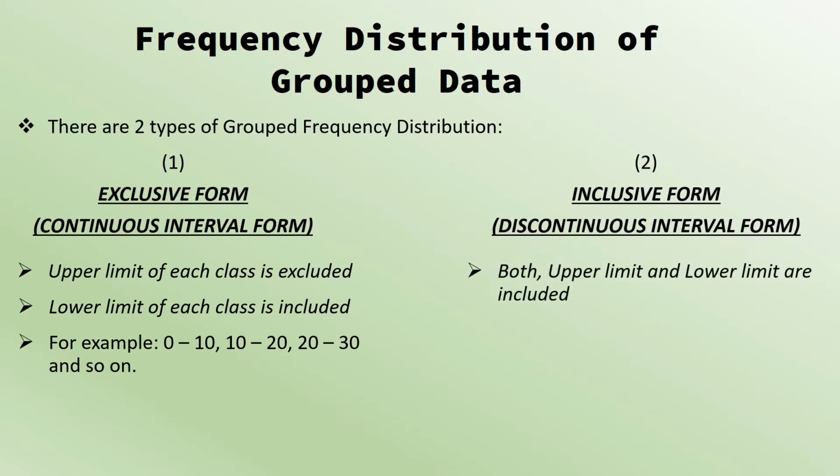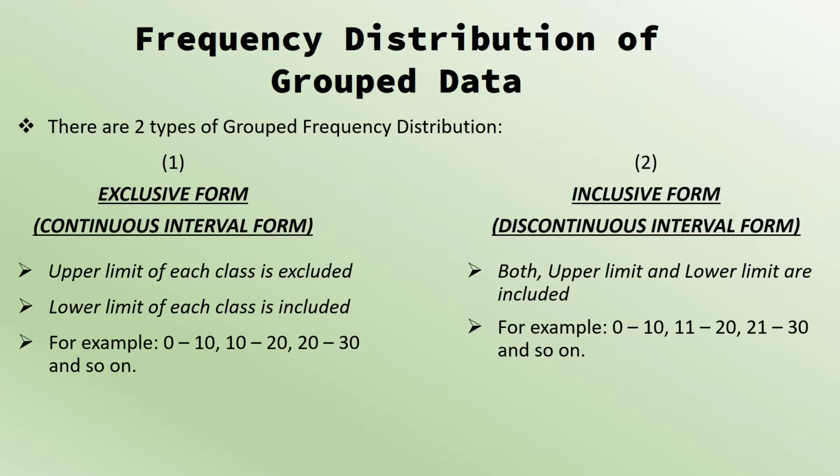Talking about inclusive form, as the name says, both the upper and the lower limits are included for every class interval. For example, 0 to 10, 11 to 20, 21 to 30, and so on. Now you can clearly see from the example of exclusive form is forming a continuous class intervals.